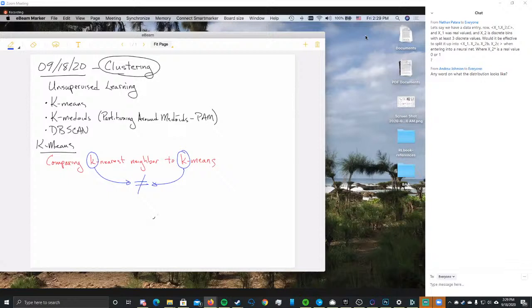Okay, I want to make a few points about this algorithm before we move on and look at k-medoids. We already mentioned that k-means essentially is a hill climber.